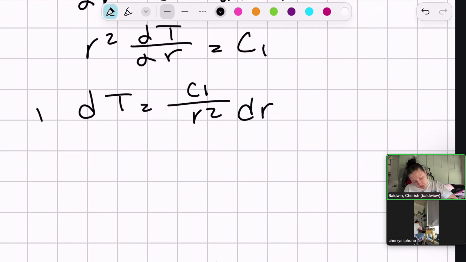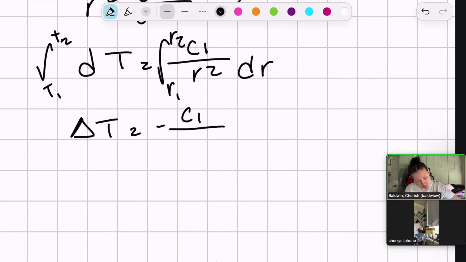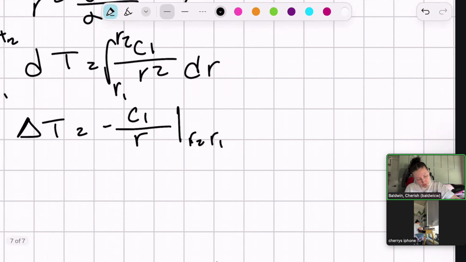And now we'll integrate from T1 to T2 and R1 to R2. So then that gives us delta T. And this side is negative C1, R1, and we'll do this from R equals R1.